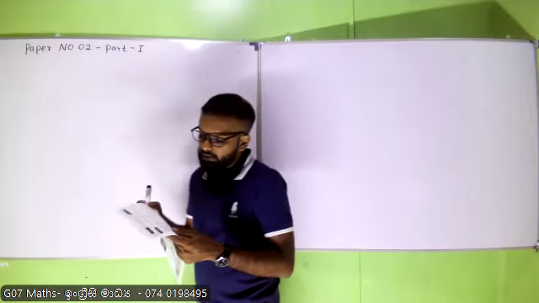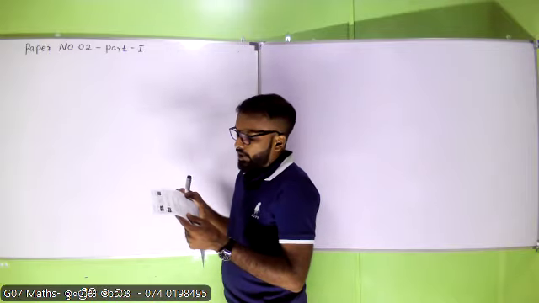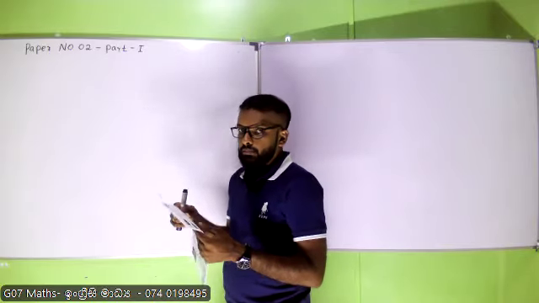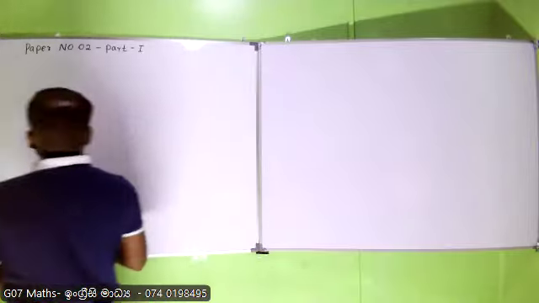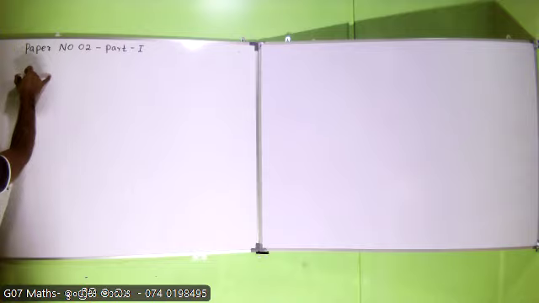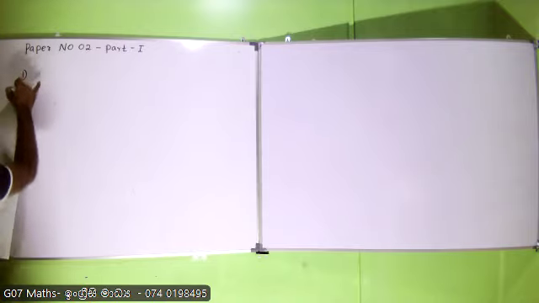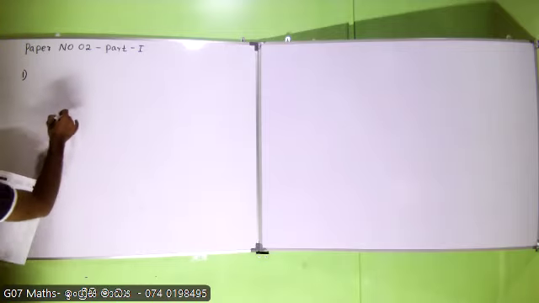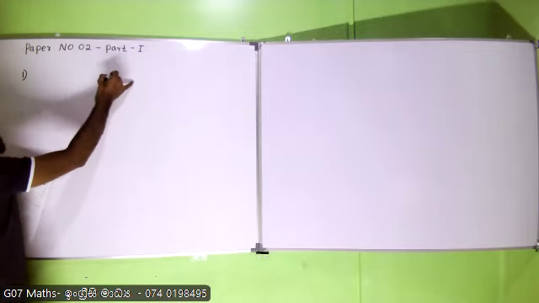How many symmetrical axes are there in the figure, and draw them. Sudha, when you are giving answers for this kind of question, this is the first question, it could be better if you can draw them.